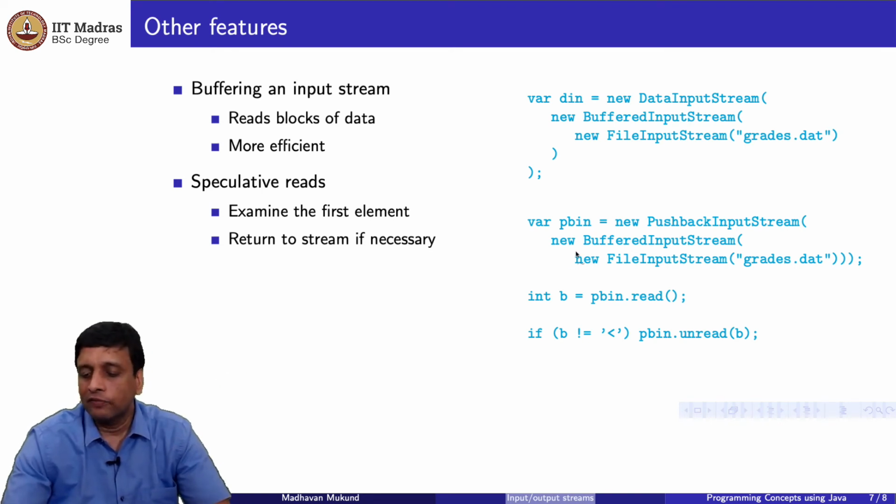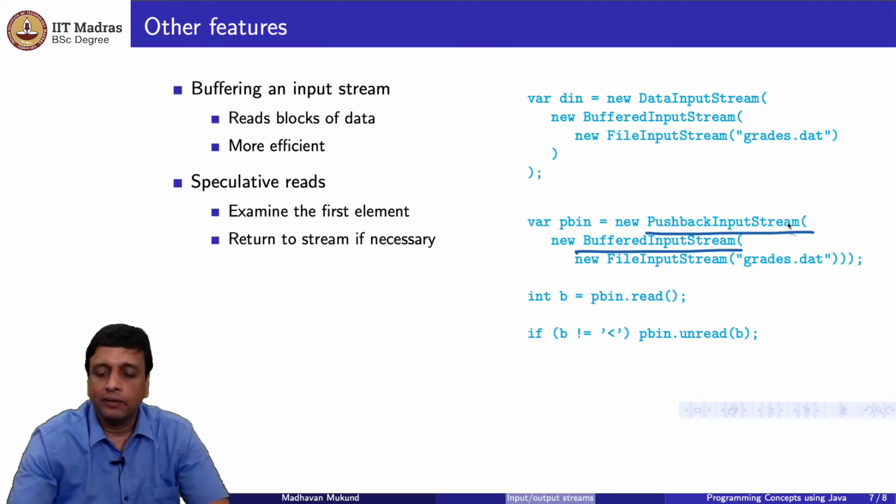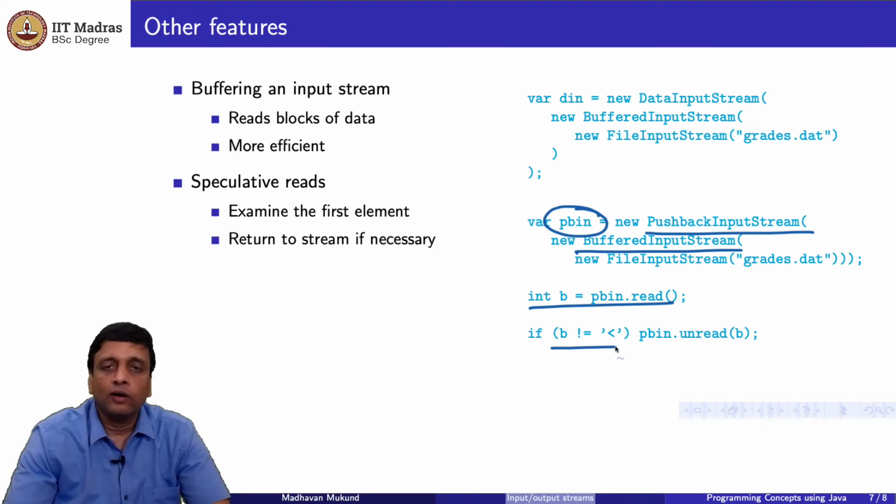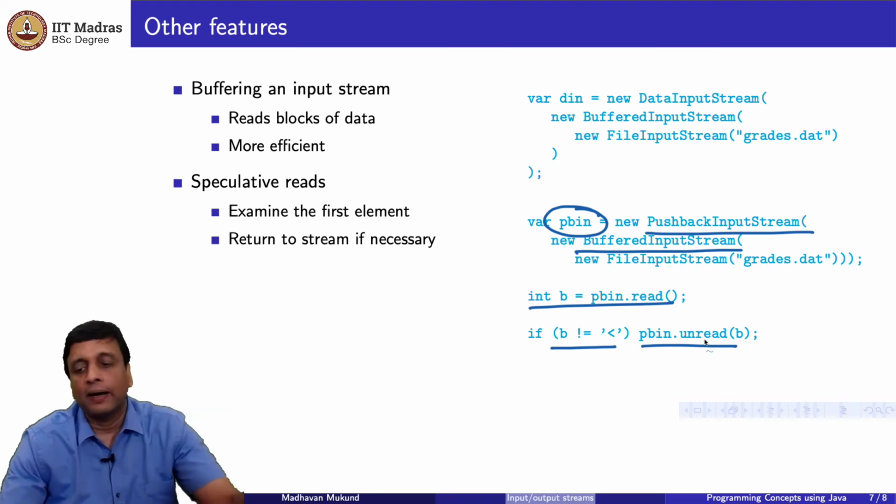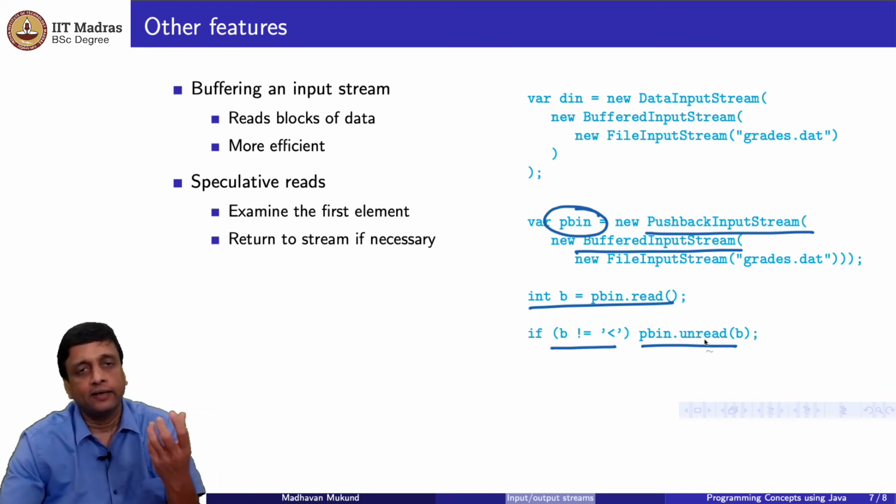We can take this buffered stream and further layer it as a pushback stream. Now in this pushback stream, I can read something and check its value, and depending on whatever the value is, I can either consume it. If I read it, it has been consumed, right? Or I can unread it, put it back, hence pushback. So I can read it, look at it and then put it back.